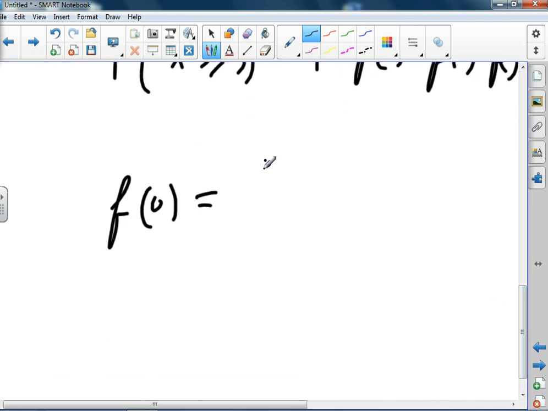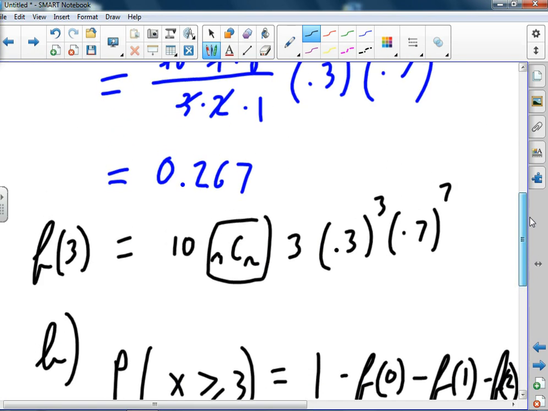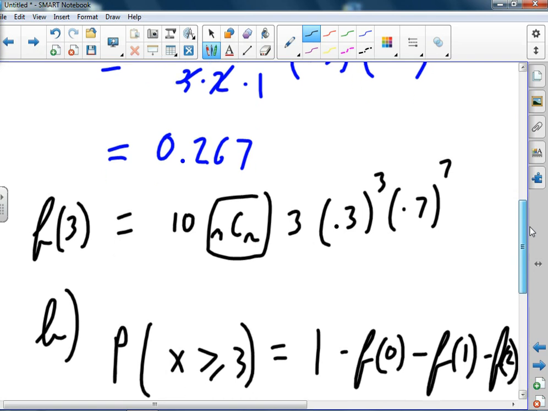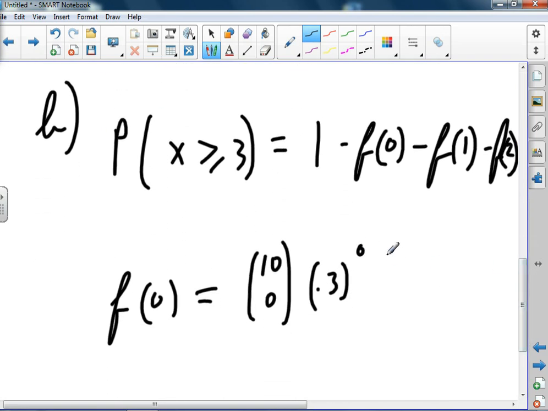So I need the combination of 10 things taken 0 at a time times 0.3 raised to the 0, 1 minus 0.3 raised to the 10.